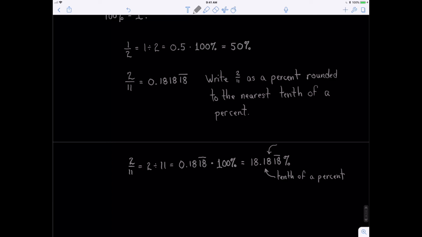It's an 8, and so because it's an 8, we're going to round the 1 up 1 unit. So this becomes 18.2%. And that is how you write a fraction first as a decimal, and then the decimal as a percentage. Hope that helps, and thanks for watching.